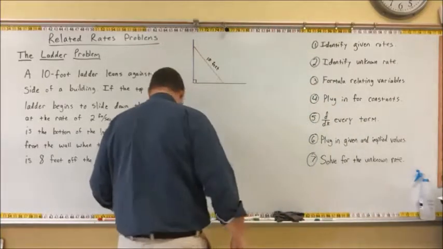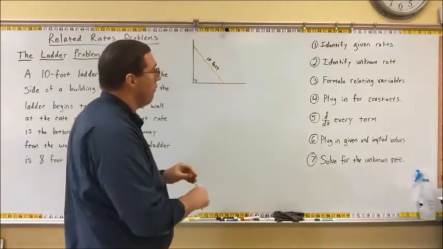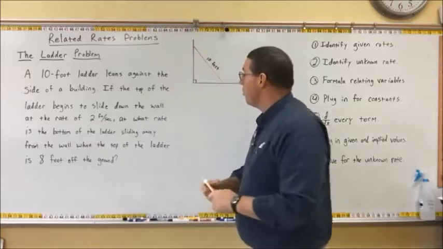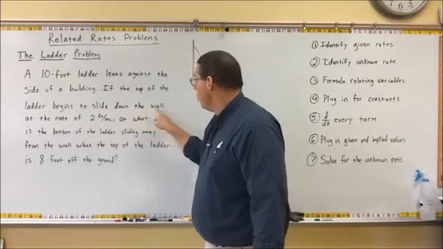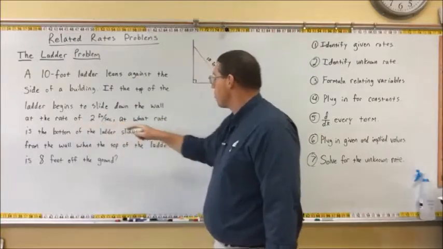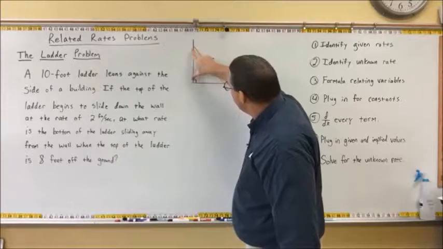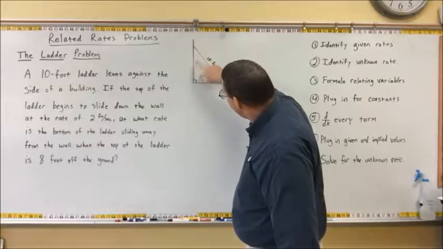We're going to go through all the steps that I have. It says identify any given rates. Well, what's given? We're told that the ladder slides down the wall at the rate of 2 feet per second. What that means is that this leg of the right triangle is getting shorter because the ladder is sliding down the wall.